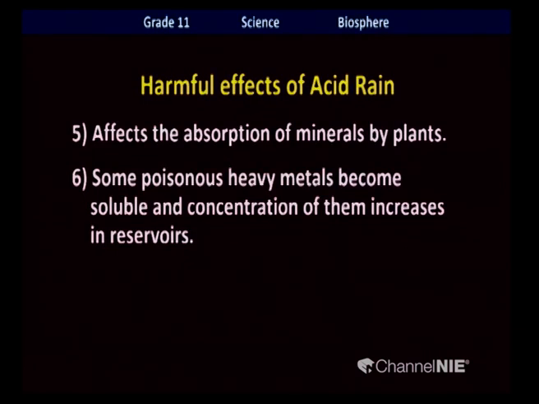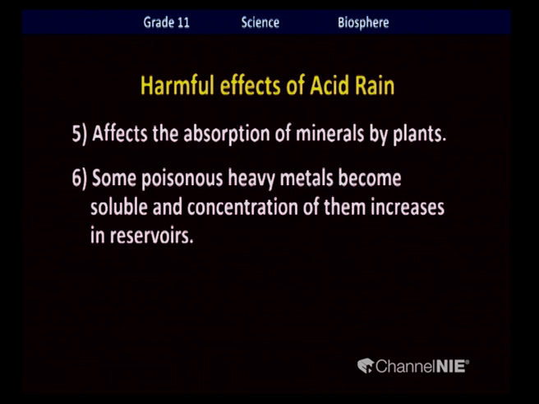Number 5, effects on the absorption of minerals by plants. The absorption of essential minerals by plants is affected due to the dissolving of other unwanted metals, for example heavy metals, which can block the absorption of essential minerals. Number 6, some poisonous heavy metals become soluble and their concentration increases in the reservoirs.